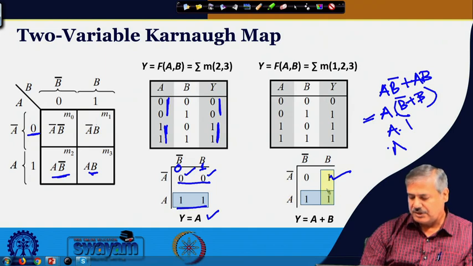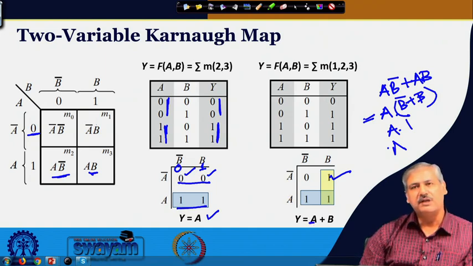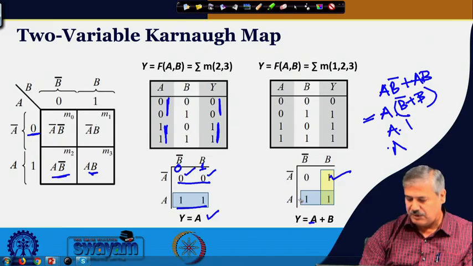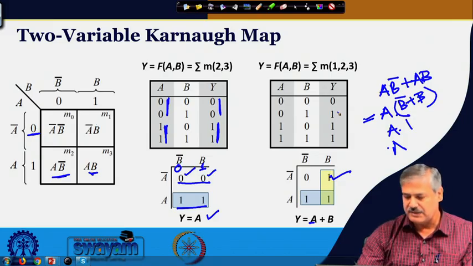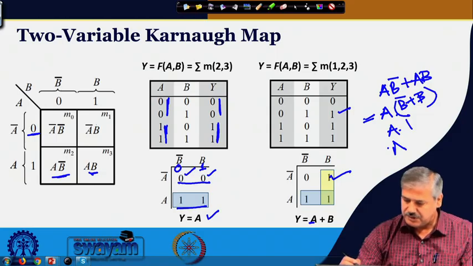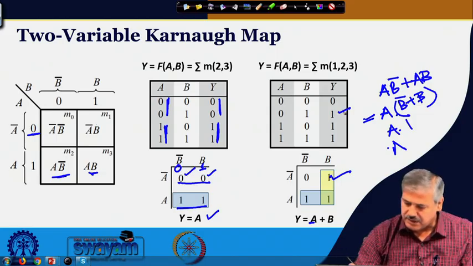So, this a comes over here, right, and if this was not there, only b, these two ones were present, that means this one and this one, right. Okay.